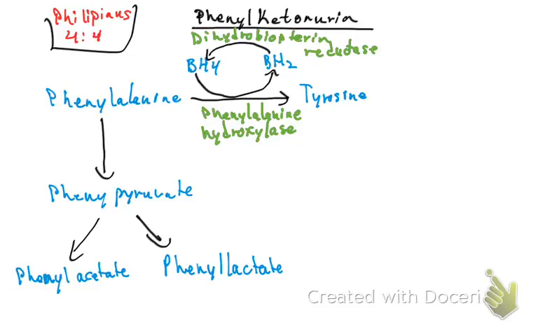Now, once you have tyrosine, it can go to two places. One of the places is called DOPA, and DOPA can go to two places as well.